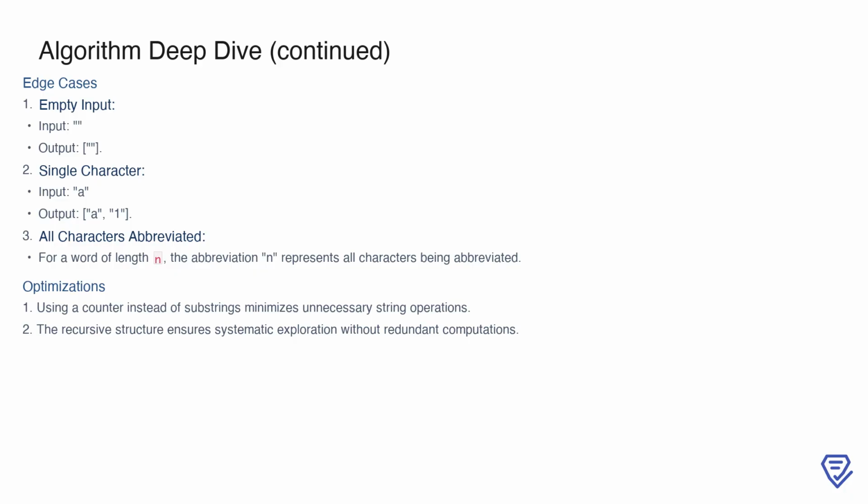For a word of length n, this would result in a single abbreviation consisting of the number n. To optimize further, using a counter to track the length of abbreviations minimizes unnecessary string operations, and the recursive structure ensures that all combinations are explored systematically without redundant computations. These optimizations make the algorithm both robust and efficient, even for challenging edge cases.